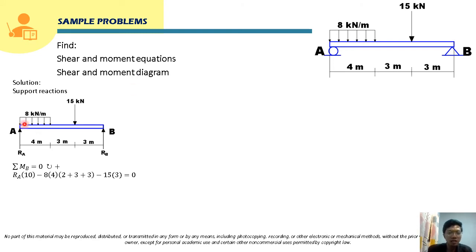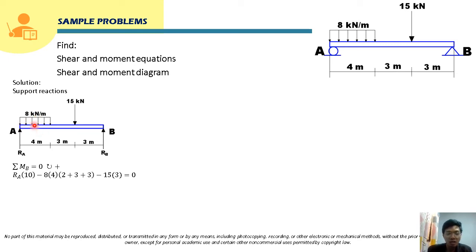Now, for the rectangular load, solving its equivalent point load, class, that will just be the area of this rectangle, which is 8 times 4. And the location of that concentrated load will be at the center of the 4 meters, which is 2 meters.